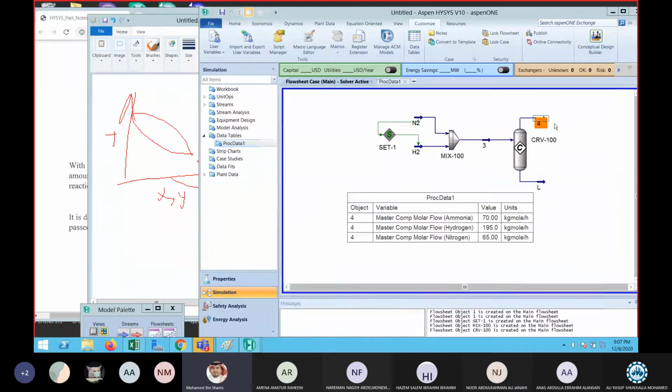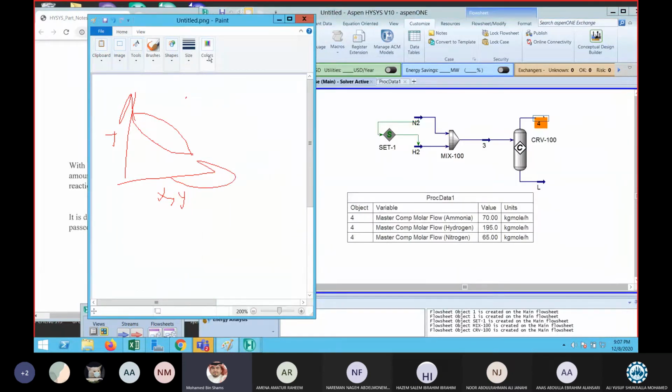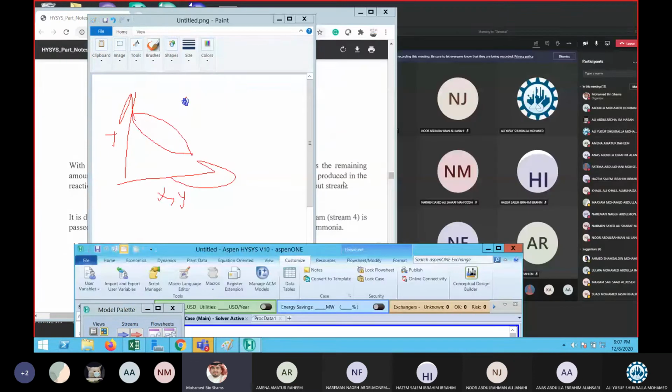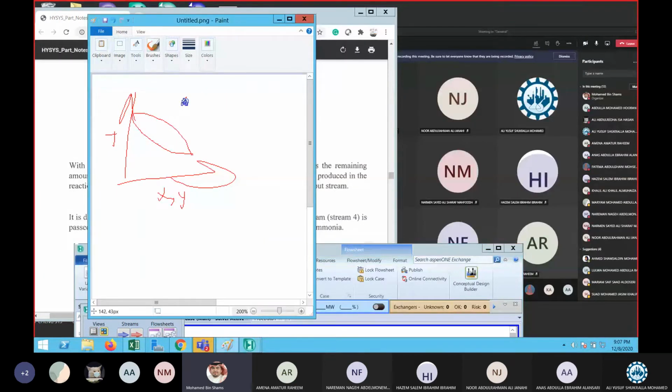So I'm somewhere here. Can I do separation if I'm at this point?